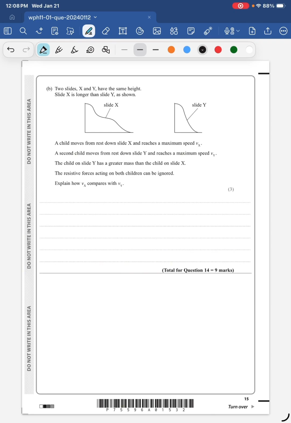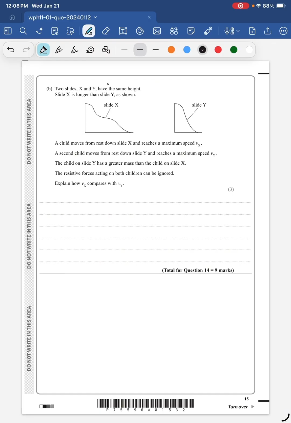The child on slide Y has a greater mass than the child on slide X. The resistive forces acting on both children can be ignored. Explain how Vx compares with Vy. Again, trick question. What's the trick?